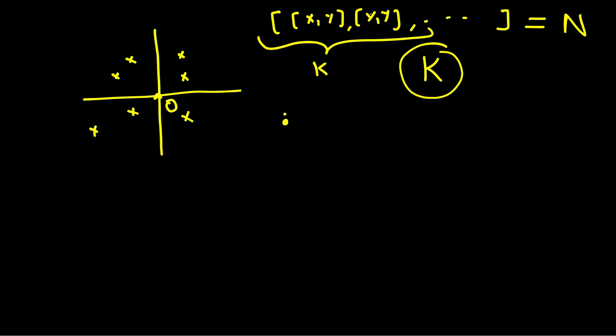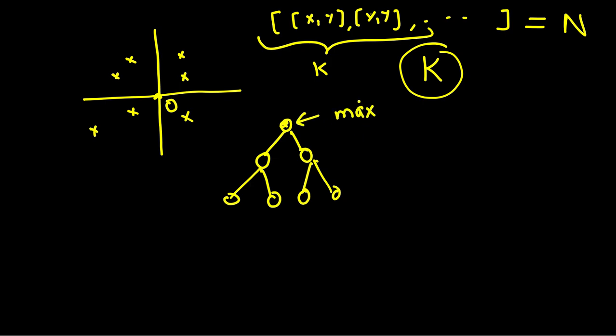Let's see why. So what if we put k values in a heap? We have put everything in a binary heap, and it's a max heap, and the property is that the top will be the maximum value, and here we will build the heap based on their distance from origin. So these are the different distances.